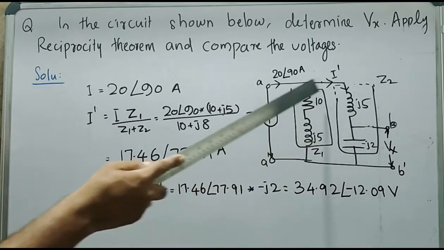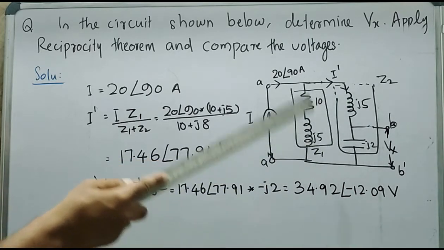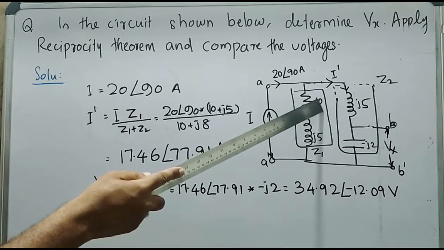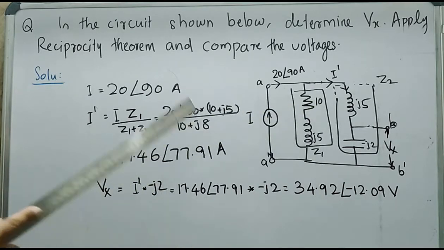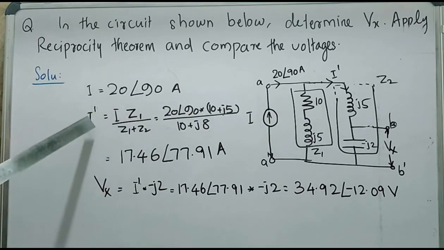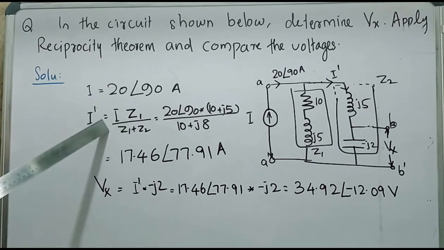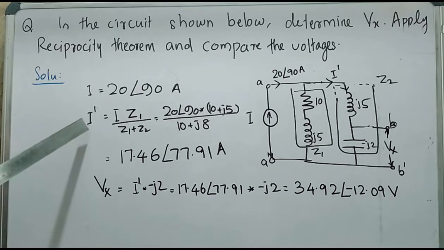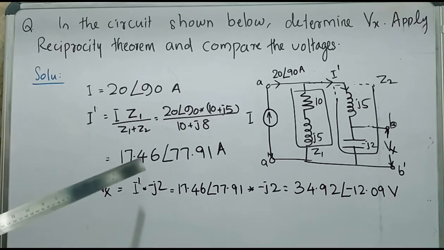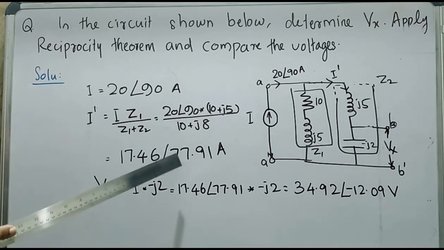Here, when we are considering the net impedance in two parallel branches, the net impedance is coming as 10 plus J8. So substituting I, Z1 and Z2 in this equation, we can obtain I dash as 17.46 angle 77.91 ampere.